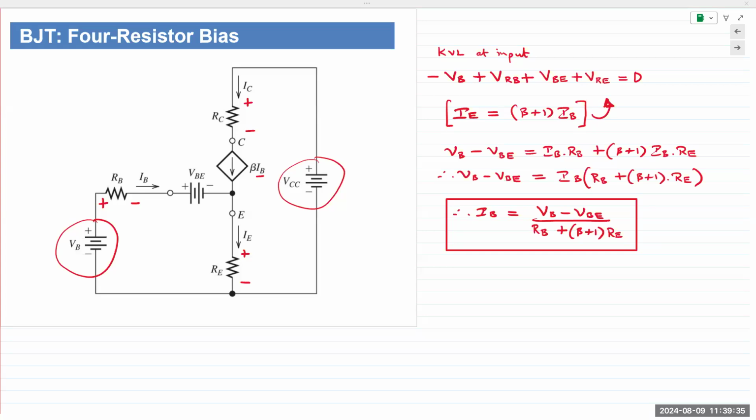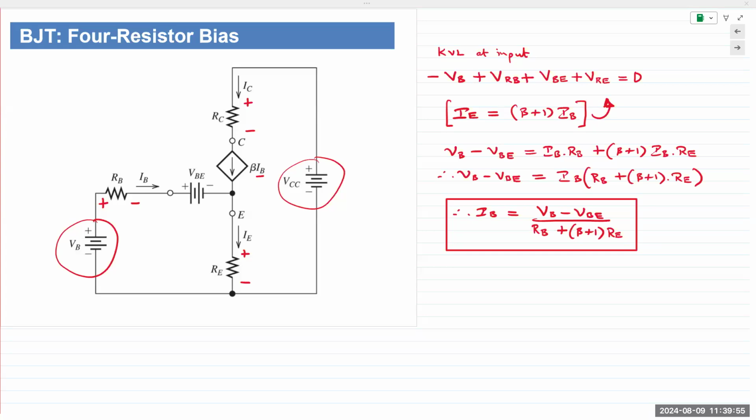All right, any questions? The steps make sense? Okay.